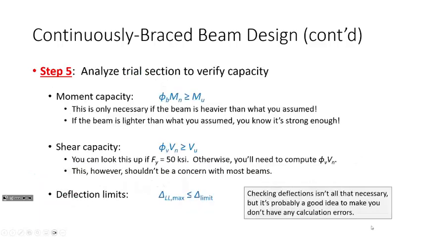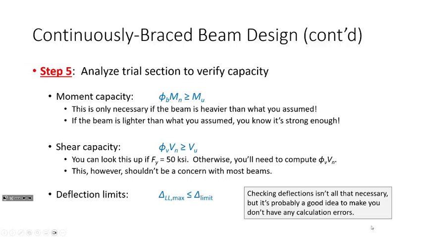So after steps 3 and 4, you're going to have a trial shape. And then the last thing that you do is you analyze that trial shape. By analyzing it, you're going to verify that it has adequate flexural capacity, adequate shear capacity, and that it meets deflection requirements. Now when it comes to the moment capacity, at least for continuously braced beams, it's probably only necessary to actually go through the process of checking flexural capacity if the beam is heavier than what you assumed.